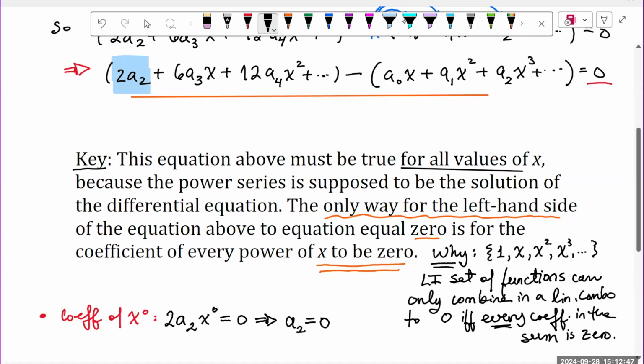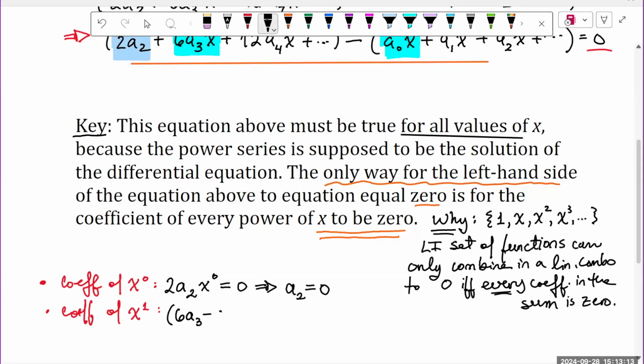Let's look at the next one. The coefficients in front of the x term are 6a3 and minus a0. The 6a3 minus a0 has to be 0, which requires a3 to be a0 over 6, which is going to be 1 over 6, because we already know that a0 is 1.